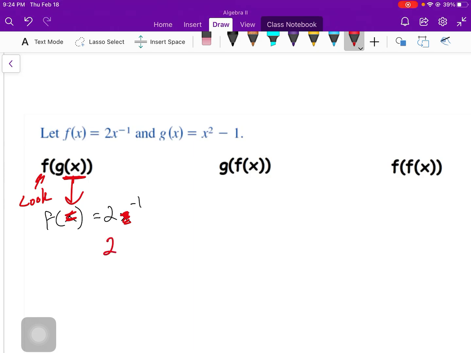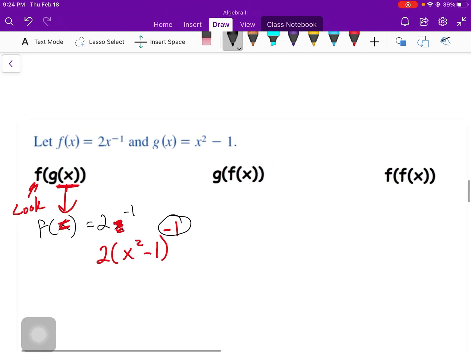So I'll go 2 times x squared minus 1, and I'm going to raise that to the negative first power. Now I'll simplify as much as I can. Exponent first. So that means that everything in parentheses is going to go down to the denominator. Remember, if you're a negative attitude in the upstairs of the house, I'm going to kick you to the downstairs of the house. So 2 over x squared minus 1.